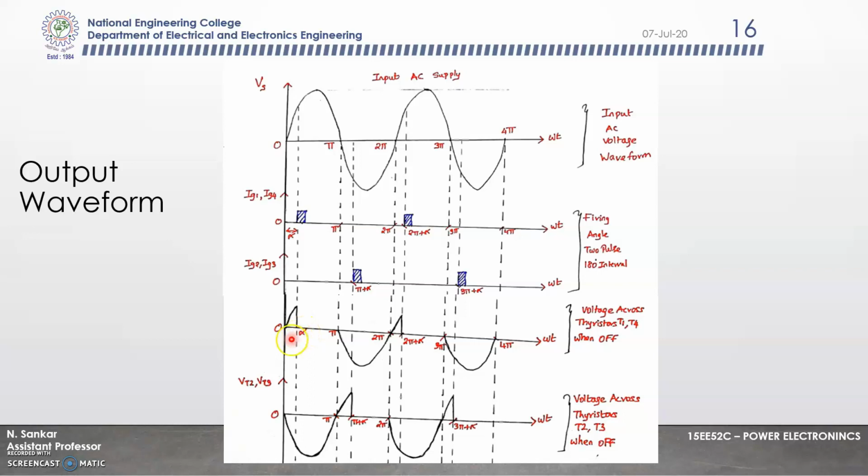So the voltage across the thyristor will follow the waveform. T1 and T4 will follow the positive. So this is the voltage across thyristor 1 and 4 for the positive cycle, and in the positive cycle the voltage across T2 and T3 will be negative.